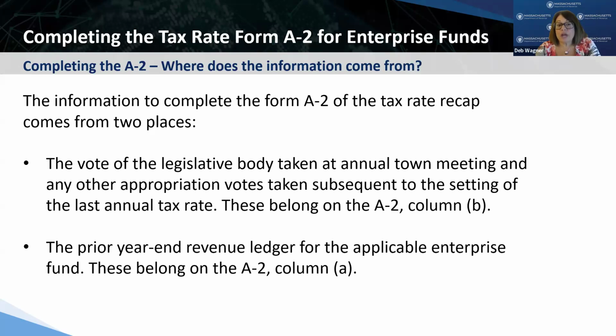But the prior year-end revenue ledger for the applicable enterprise fund is where you get the prior year actual amounts that appear in the A2 column A. So your actual revenue ledger for the enterprise fund for the year just closed is where you would find the actual revenues that are going to go in column A.